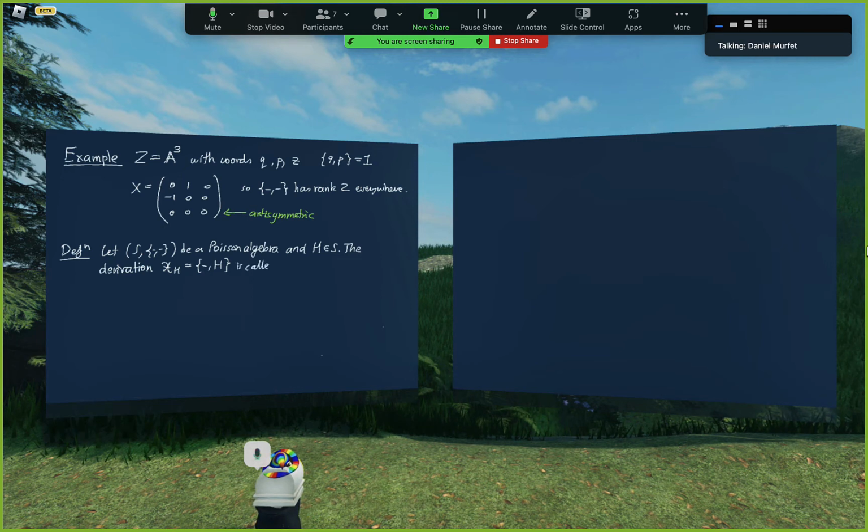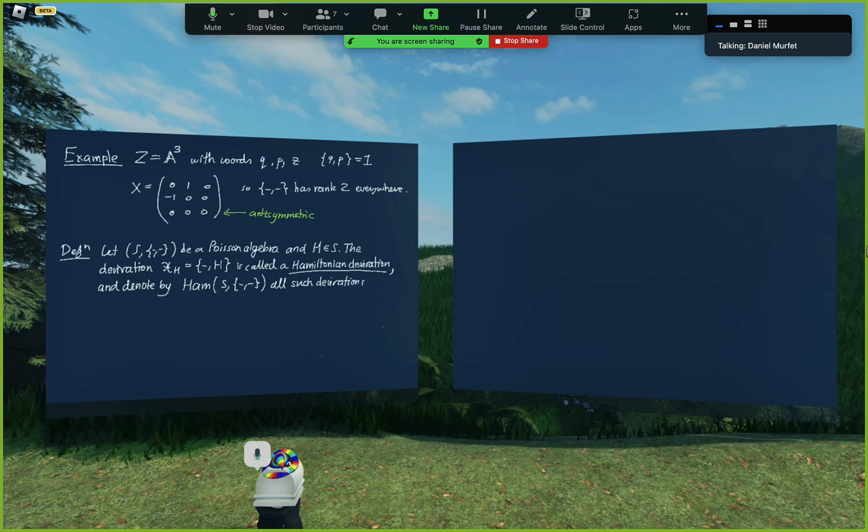We call the derivations that arise in this way from the Poisson structure a Hamiltonian derivation, and denote by Ham(S, bracket) all such derivations.